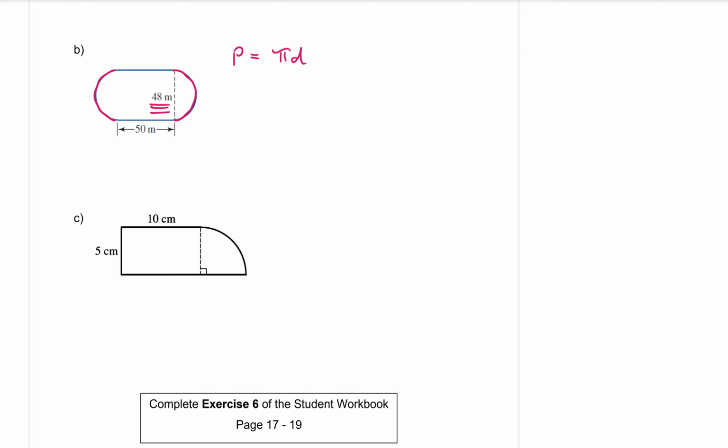So I'll have to add 50 for the bottom one and another 50 for the top straight side. Now I've kind of half substituted into this formula already by putting those 50s in there, but I also need to substitute in the d. So let's do that on the second line. I have pi times my diameter, which is 48, plus the two straight sides, which are 50 and 50.